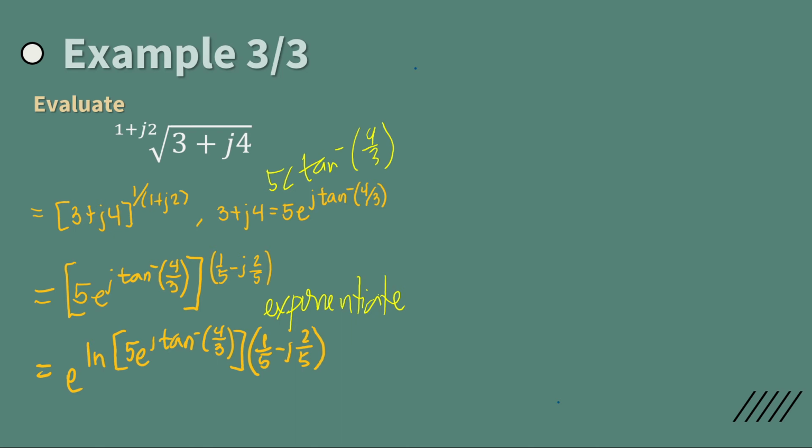We call that exponentiate. Take note, ln and exponent will cancel each other. Basically, if you distribute ln to the terms, this becomes that one. The ln here cancelled out because you have the ln and then you have the exponent.